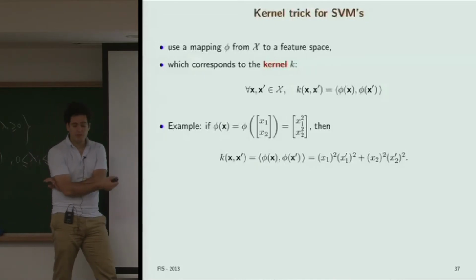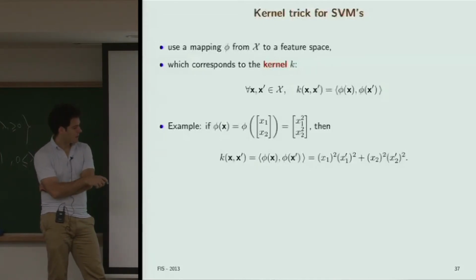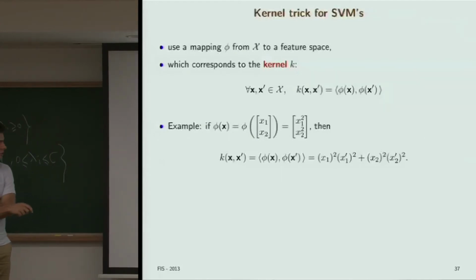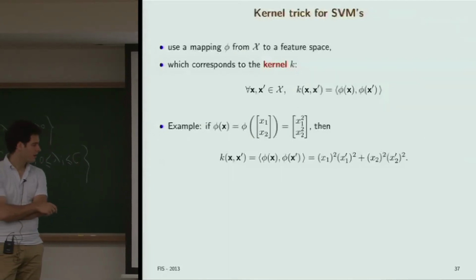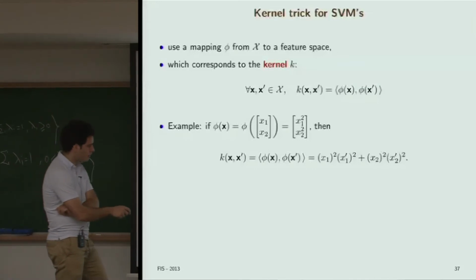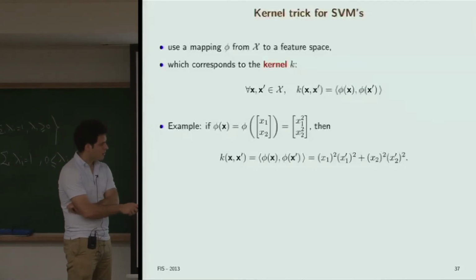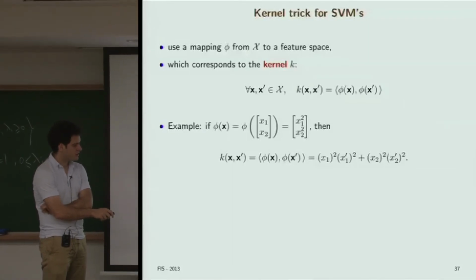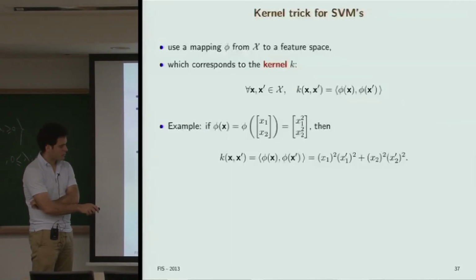So let's take a very simple example. Imagine that x is a vector, x1, x2. Imagine that this mapping phi of x here is just another vector where I take the squares of each coefficient. Then the kernel that I would be defining between two vectors is just simply the dot product between those two representations, and that's just simply the dot product of the squares plus the squares.